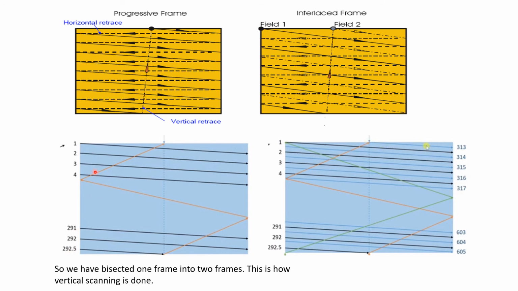You can see that we scan here in the first case: first line, then second, third, fourth. This scanning is done for 292.5 lines, and at this step a vertical retrace is going to occur.